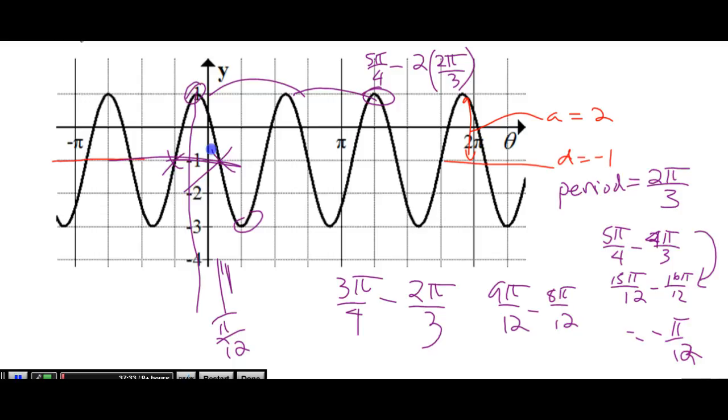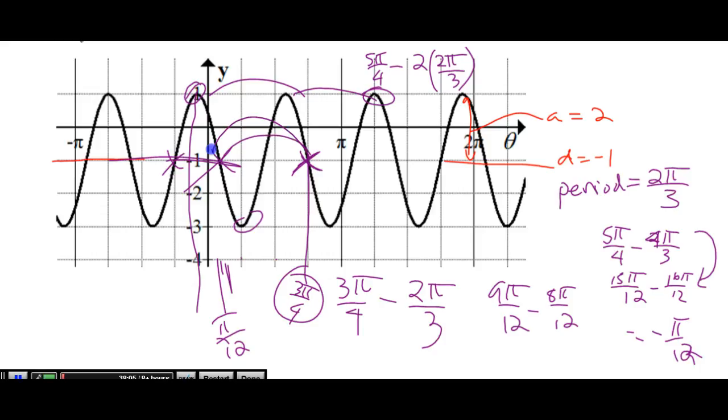Now, I don't know what that is. If we had a pi over 12 scale on here, it would be easy, right? Because we would just see that it was 1 pi over 12. What we can easily see, though, is that at 1, 2, 3, at 3 pi over 4, okay, if I put in x minus 3 pi over 4, it would be the exact same graph. If I'm going to minimize the phase shift, I need to back this up 1 period.